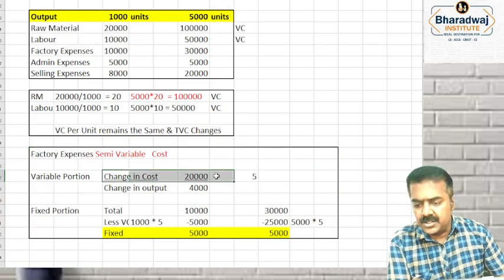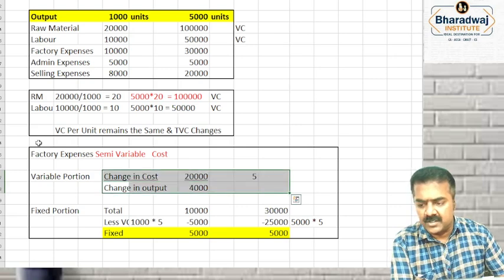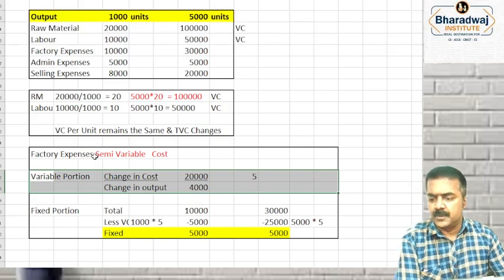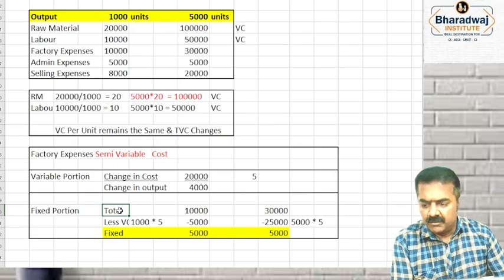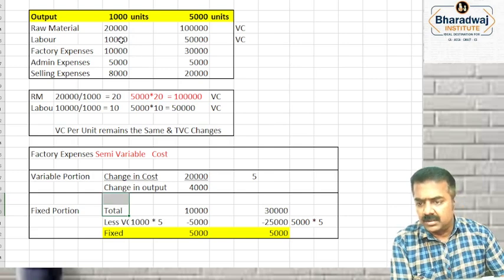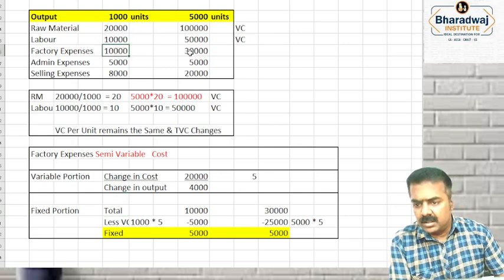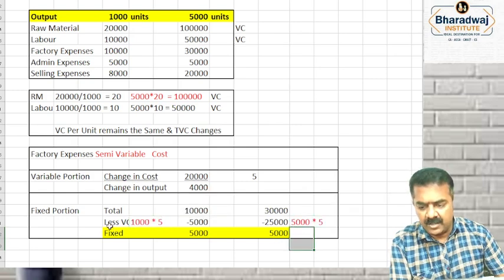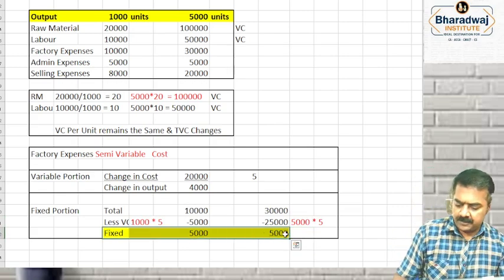I repeat, change in cost by change in output will give us the variable portion. From the total, 10,000 or 30,000, eliminate the variable portion, 1,000 units into 5 rupees or 5,000 units into 5 rupees, and you will get the fixed portion.